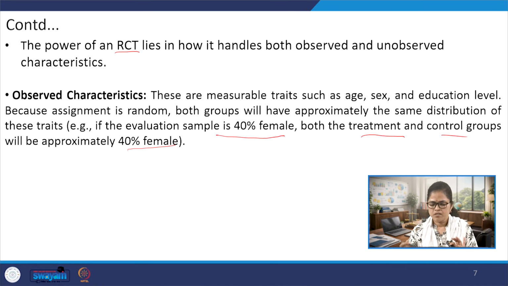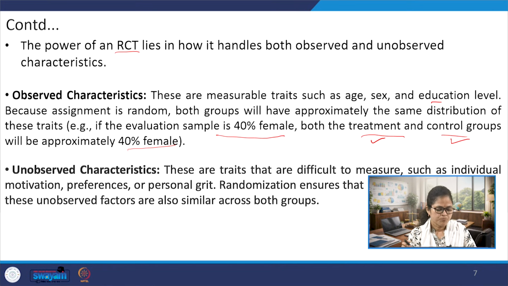Okay, so the other characteristics like your education level is again observable. So if the evaluation sample has, let us say, 30% with higher secondary education, the treatment group and control group must also have approximately this percentage. Okay, so likewise in the unobserved characteristics also, similar characteristics should be observed across the groups. So what are these unobserved characteristics?